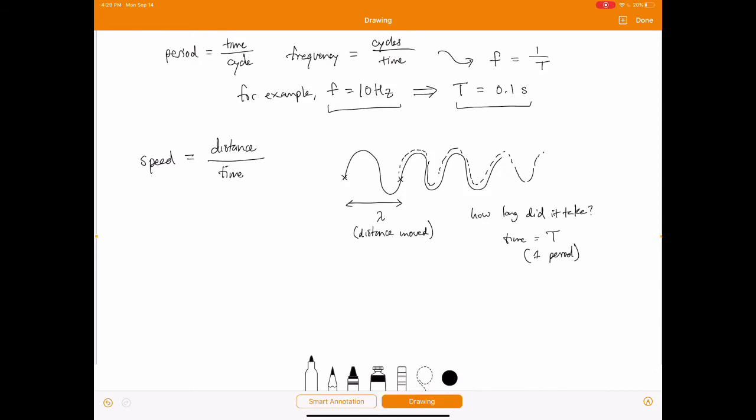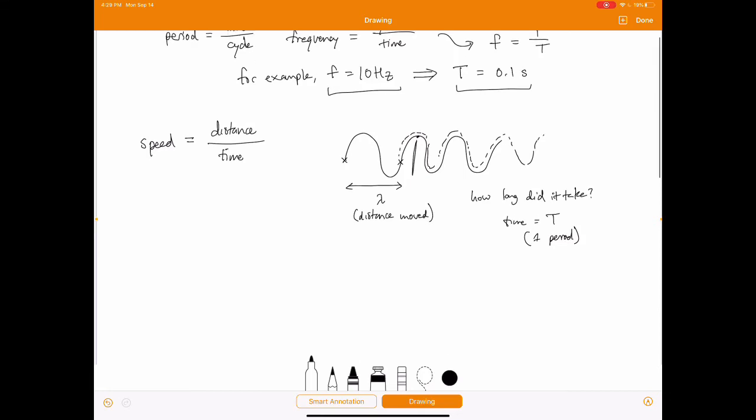So if you look at any given point on the wave, in the time that's elapsed, it will have moved up and down through one full cycle, through one full period to get back to where it is. Okay? So speed is given by v, the distance is lambda, and the time is one period, capital T.